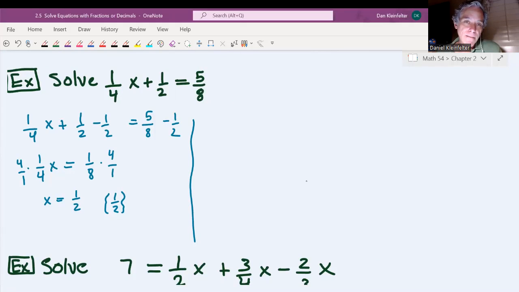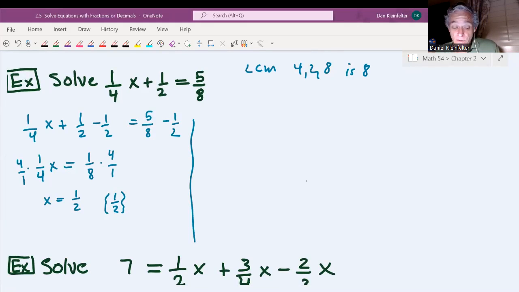Taking a look at the denominators that we have, 4, 2, and 8, the least common multiple of 4, 2, and 8 is going to be 8. That's the smallest number that 4, 2, and 8 all divide into. So we're going to multiply both sides by that number 8.